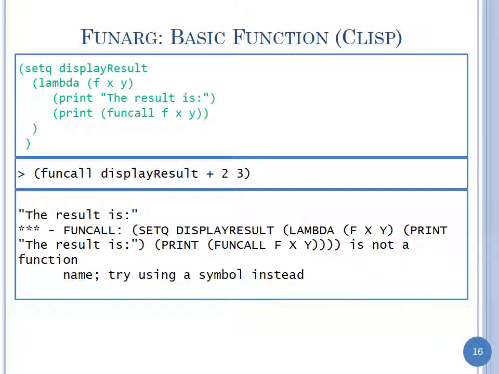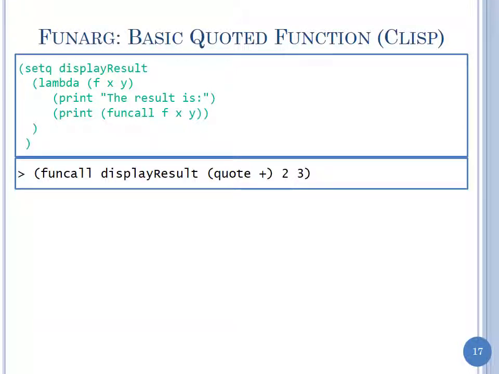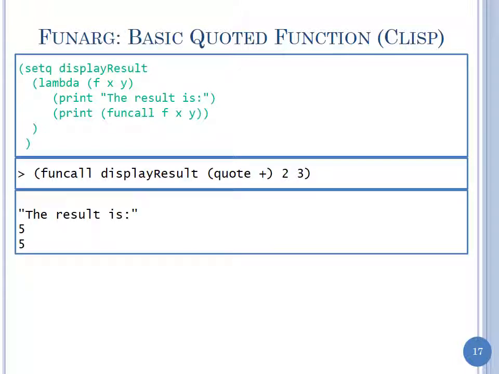It says func call fxy is not a function. So it's trying to do something, and it makes some assumptions about what to expect there, and it fails. But when we quote it, it does indeed succeed.